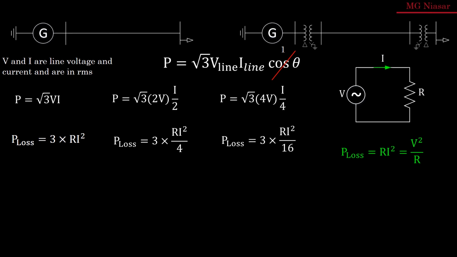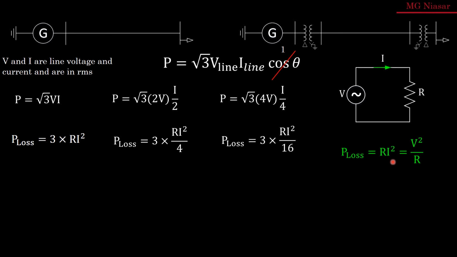Now, some of you might be confused about why I use this formula to calculate loss. Why do I say it's R I squared? If you look at the simple circuit that we have here, we can say that the loss in this resistor is R I squared, so this is okay.